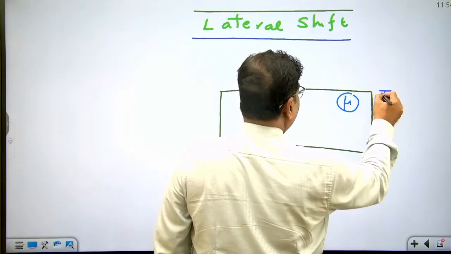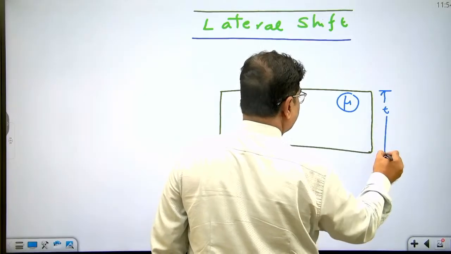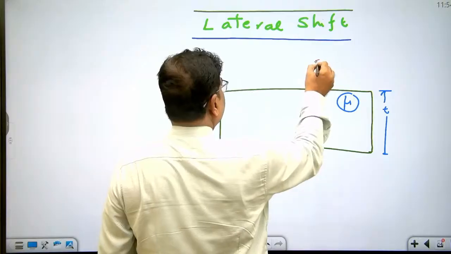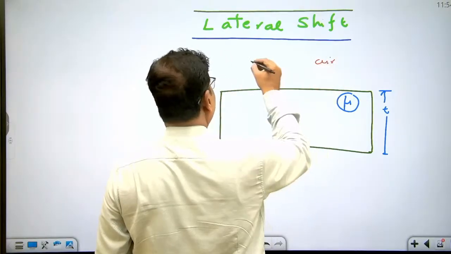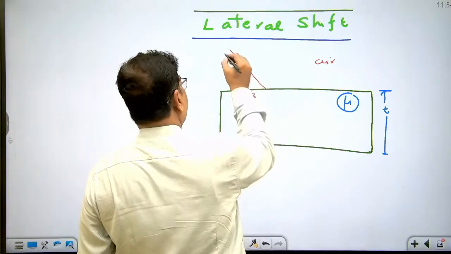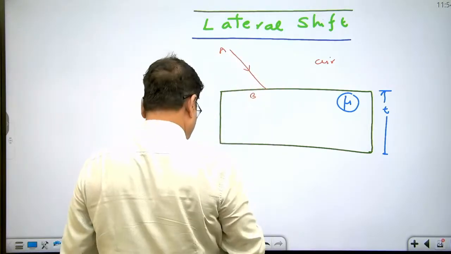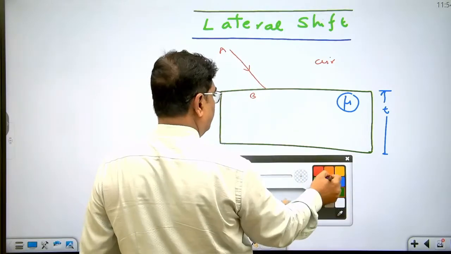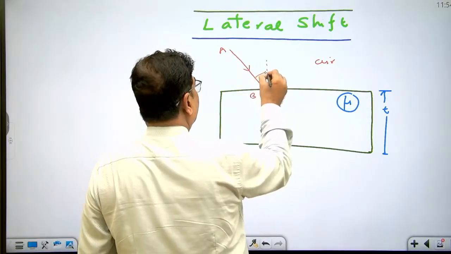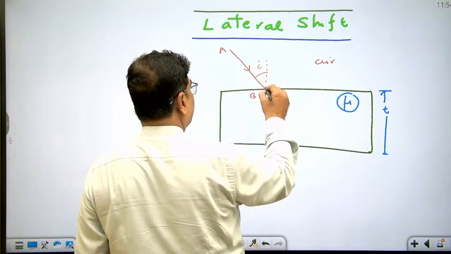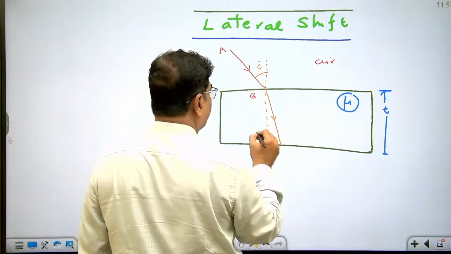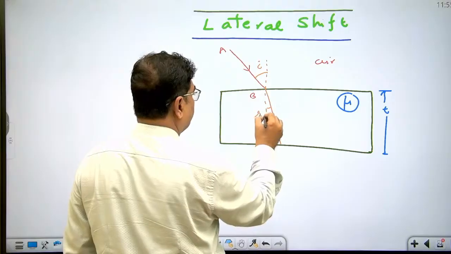Let us assume thickness of the slab is T. And light ray is coming from air, incident at point B. AB is the incident ray. This is the angle of incidence. Since light is moving from rarer medium to denser medium, it will shift towards normal. This is the angle of refraction.